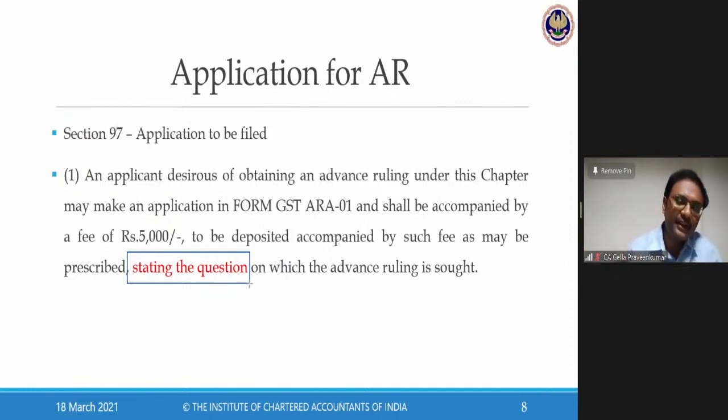If you see your CA final examination, none of your questions will have any ambiguity with respect to the problems to be solved. That is how my question has to be formulated and explained. It should be elaborative. I should bring in the facts. I should also bring in the evidences in support of my discussion and provide some documentary details for the authority concerned to examine my particular question.